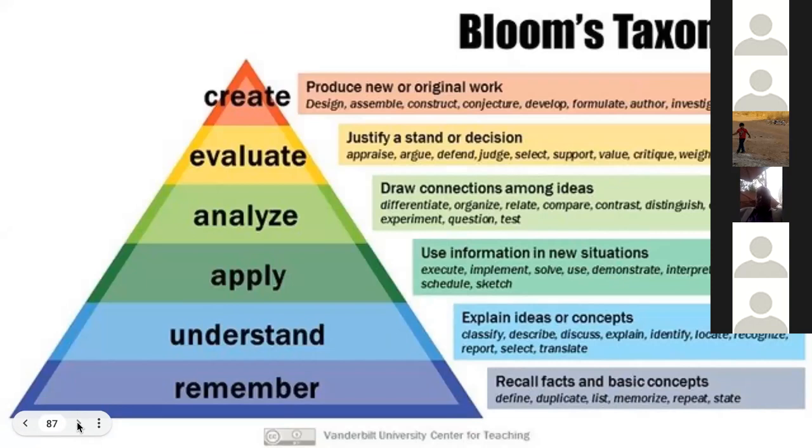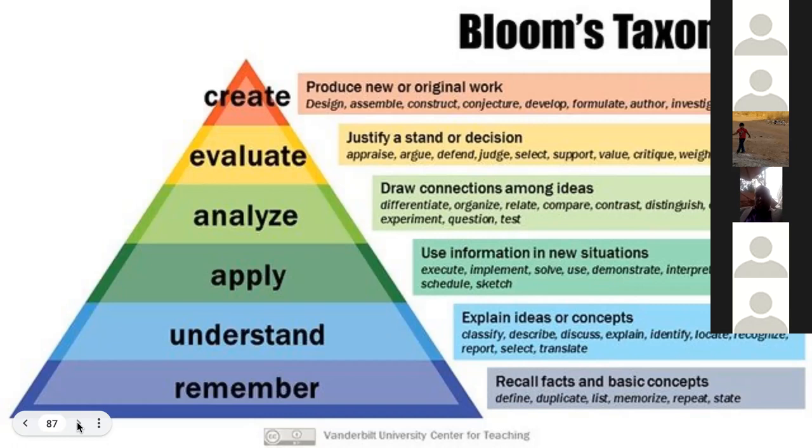Okay. And the last thing I wanted to show you here is Bloom's taxonomy. This is kind of a pyramid showing you the order of difficulty of thinking skills that we can ask students to do.